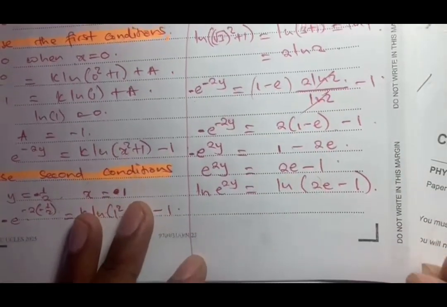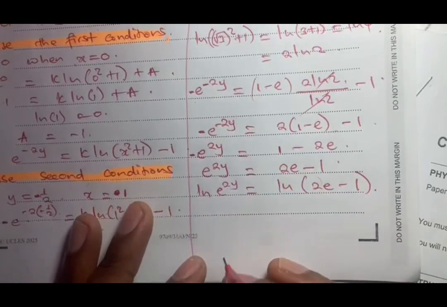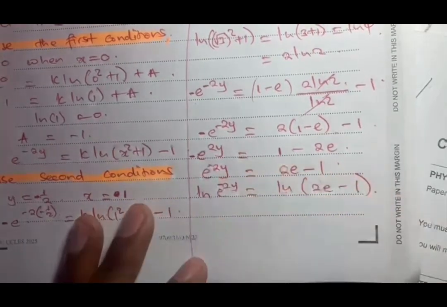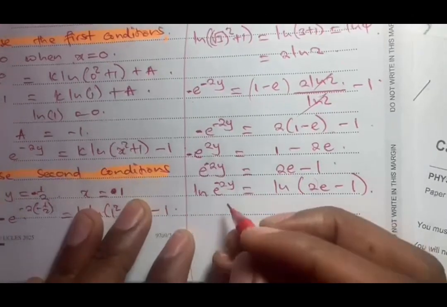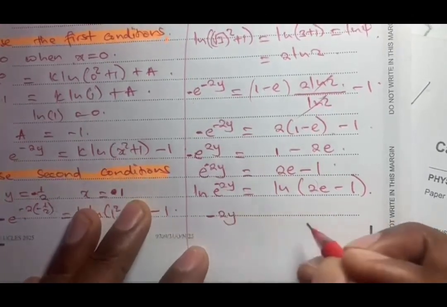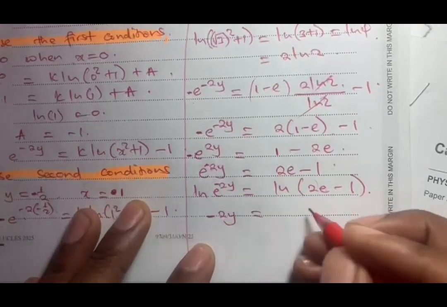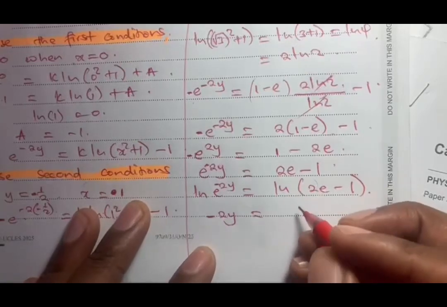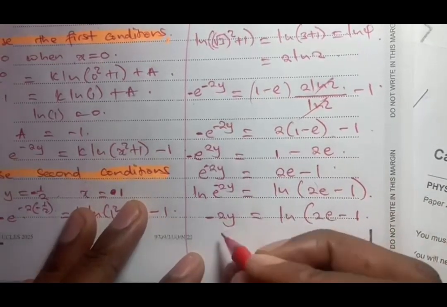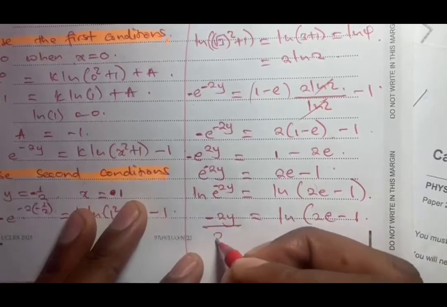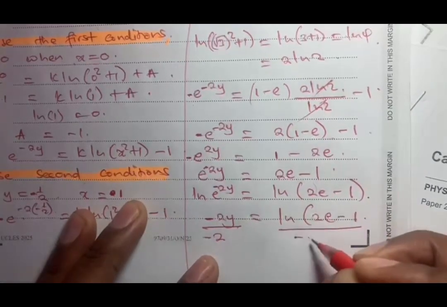The log of the exponent will eliminate the exponent, so minus 2y will be equivalent to log(2e minus 1), then over negative 2.